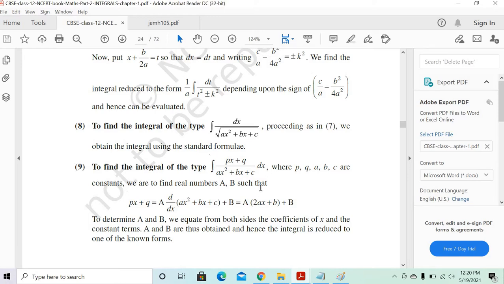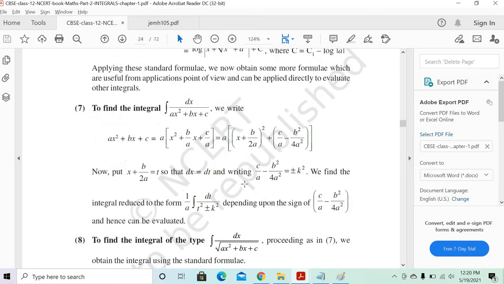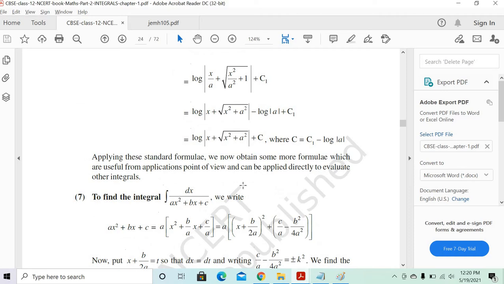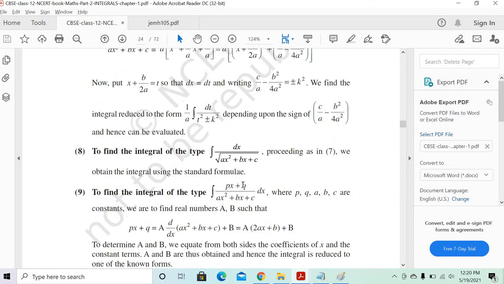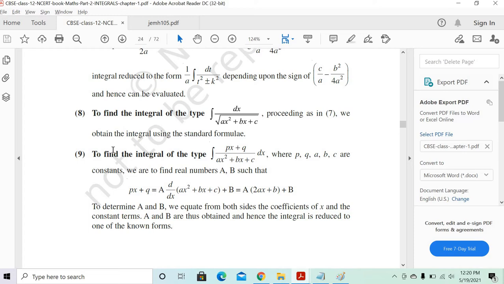Once you do completing the square, you will directly get the equation of property number 1 and property number 3, which we can apply. Understood? Any questions, any doubts? No, sir. Yeah, it's just a theoretical thing. Once we do it with the example, it will become very easy for you to understand. Fine?